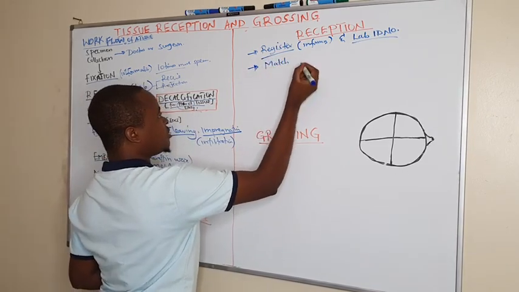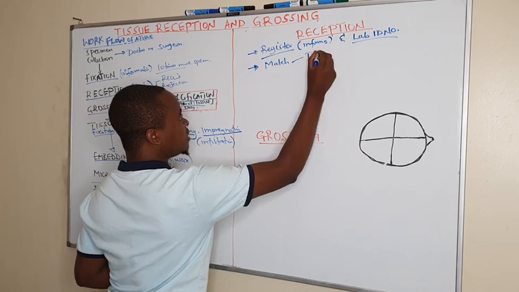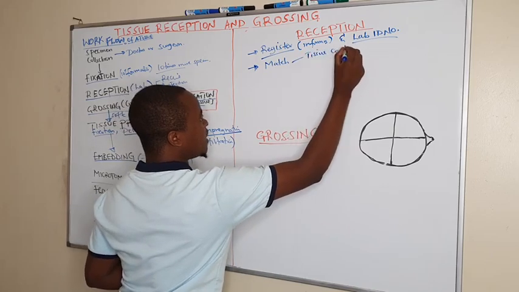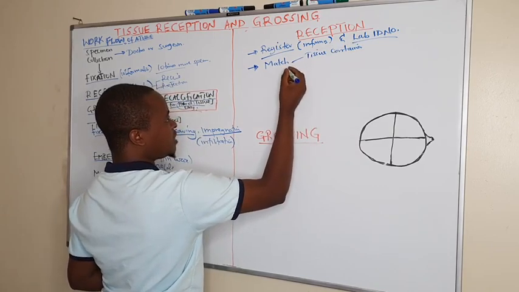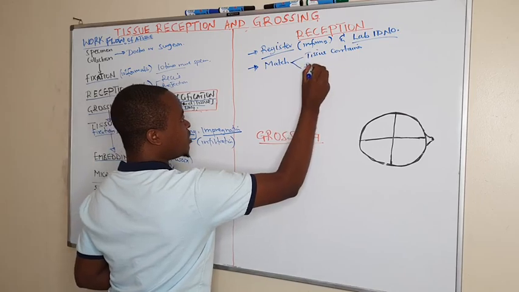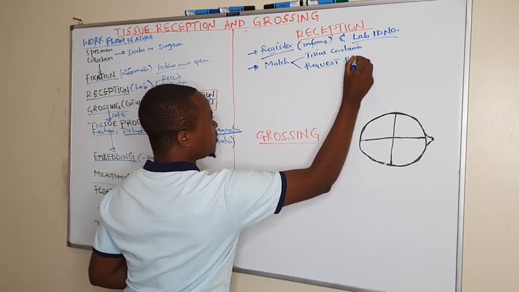You match the information on the tissue container. Tissue containers must be labeled. So you match the information on the tissue container with the information on the request form.